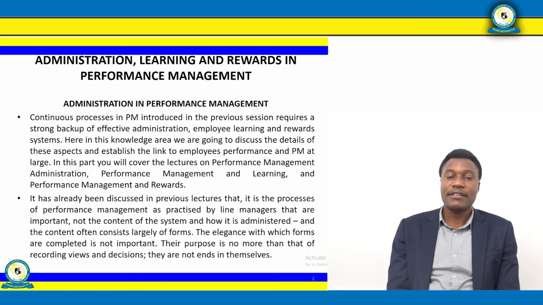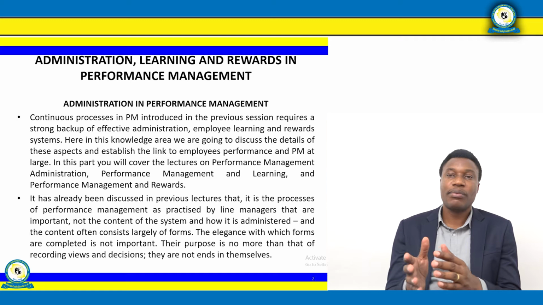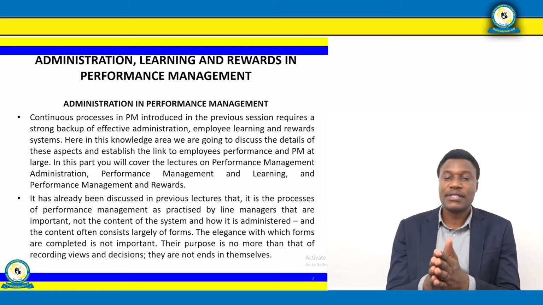Here, in this knowledge area 3, we are going to discuss some of the issues that are very crucial, in detail, about the aspects and establishment of the link to employees. So we will link employee performance and performance at large.